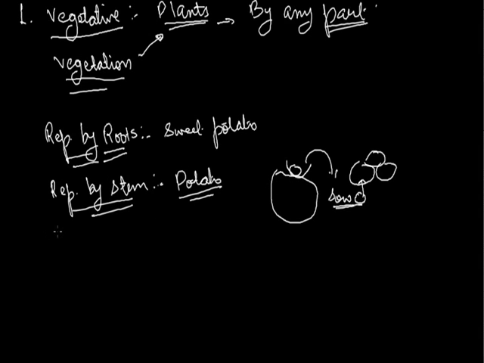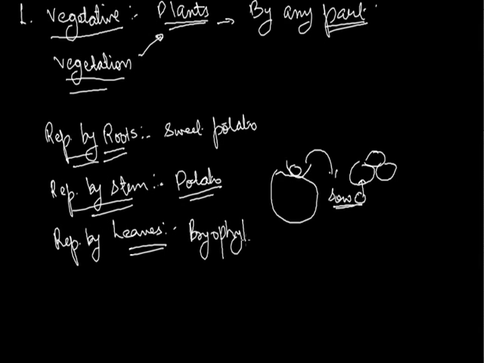Next is the reproduction by the leaves. Here we'll understand that any leaf part will generate another new plant which is of the same type. That is known as reproduction by leaf, and the example is the bryophyllum leaf. Suppose we see the figure of the leaf, then we'll know what is exactly happening here.